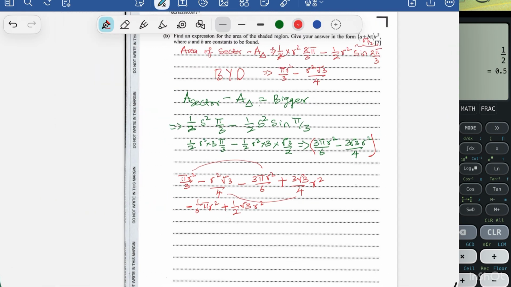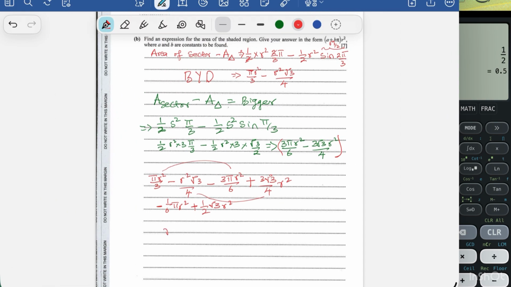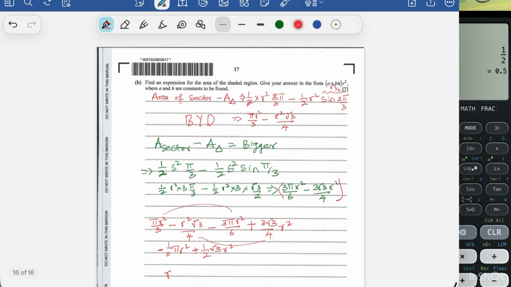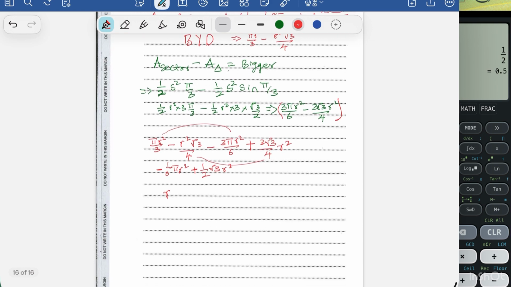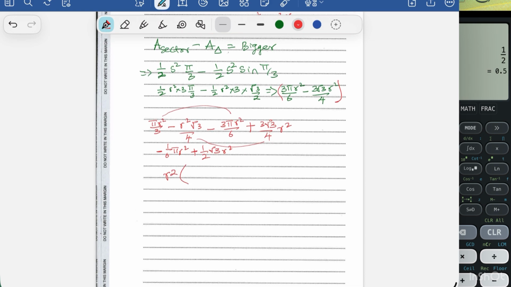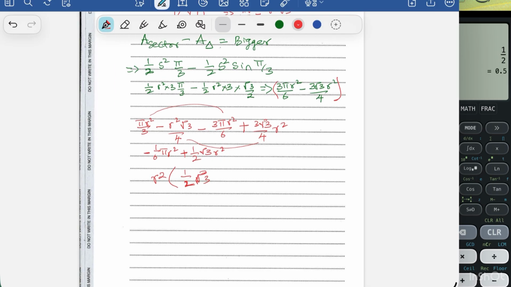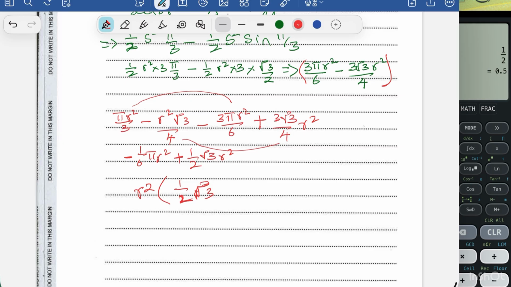So we just need to factorize. So r squared is common. So this will be 1 by 2 root 3 minus 1 by 6 pi.